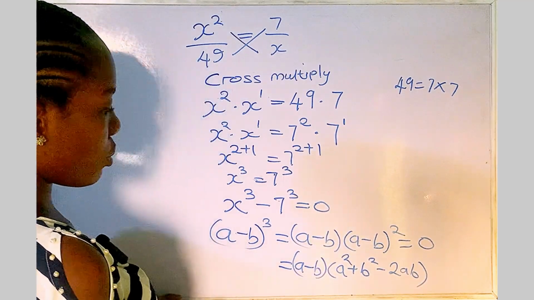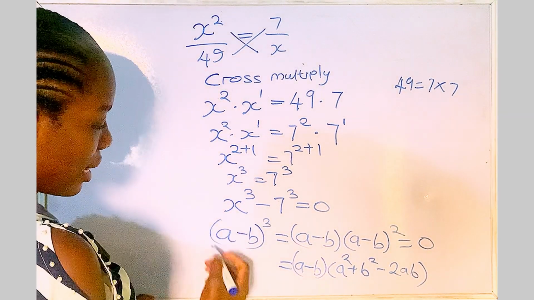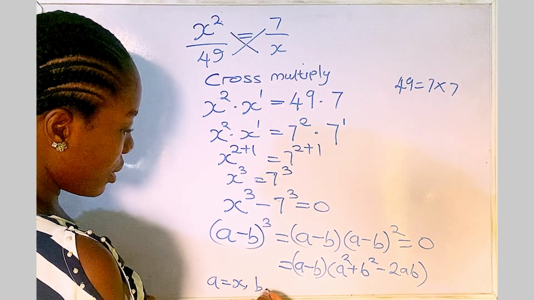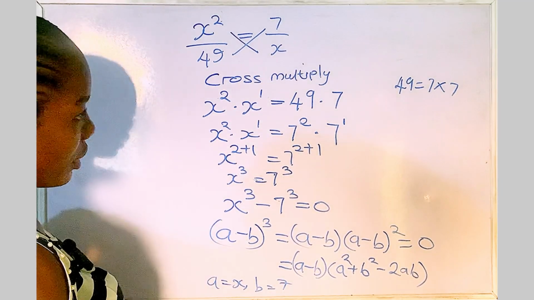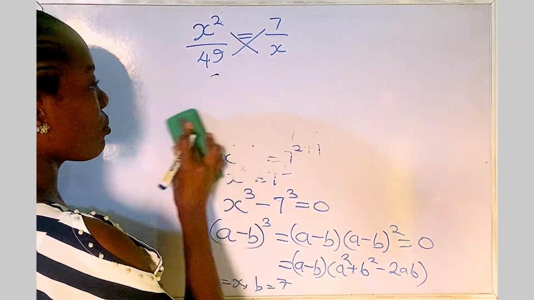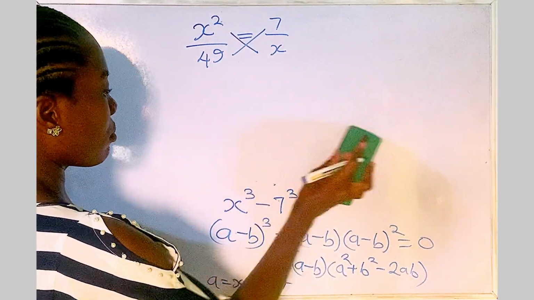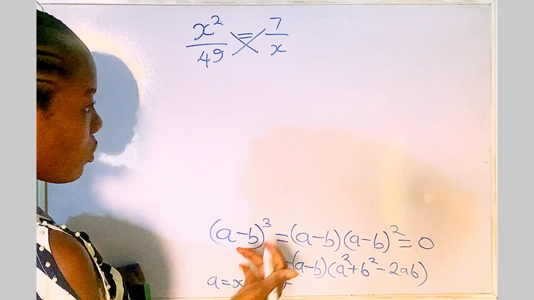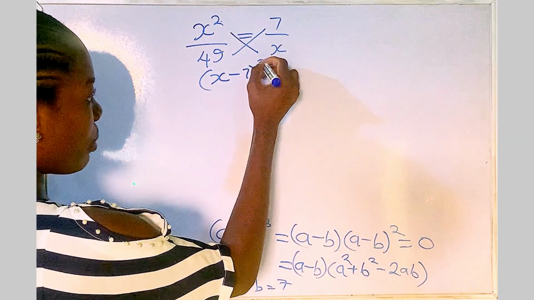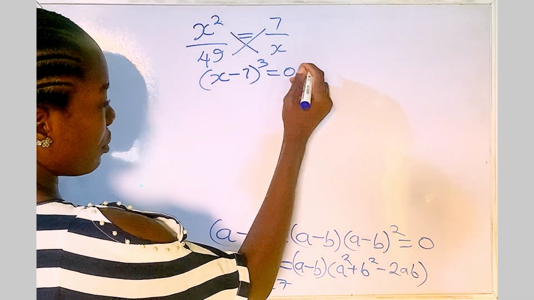Okay, so now we see that our a is x, and our b is 7. So we have x minus 7 to the power of 3 is equal to 0.